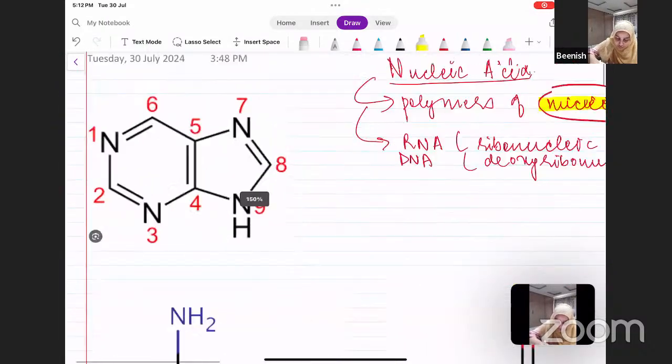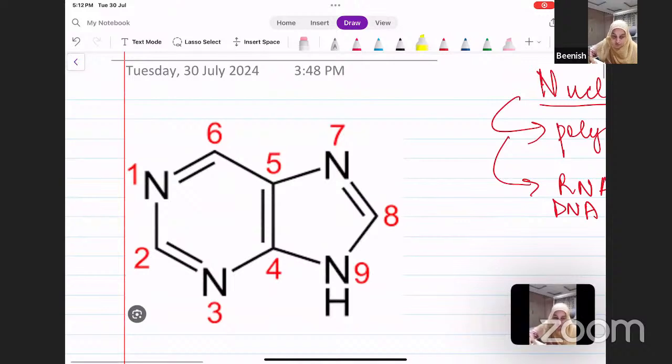Now, if you have a look at the structure of purine, it will become more clear. Like I said, your purine is a 9-membered ring. So you can see 1, 2, 3, 4, 5, 6 members.